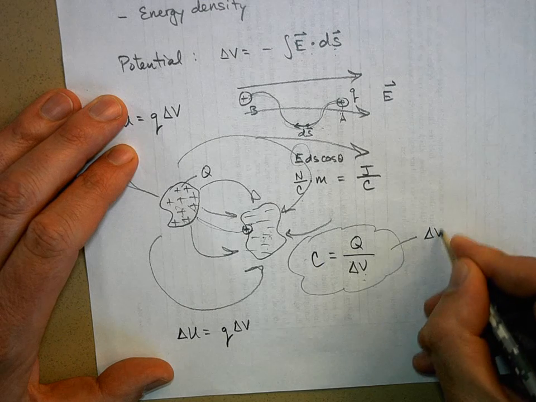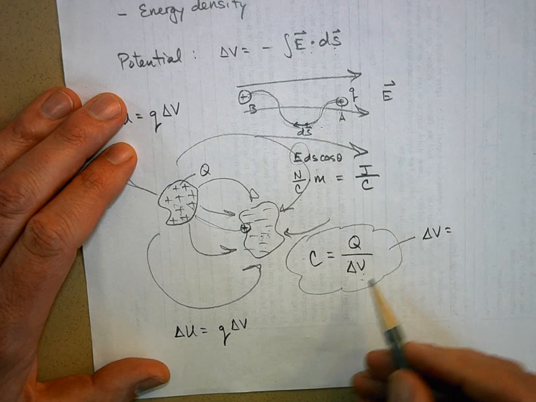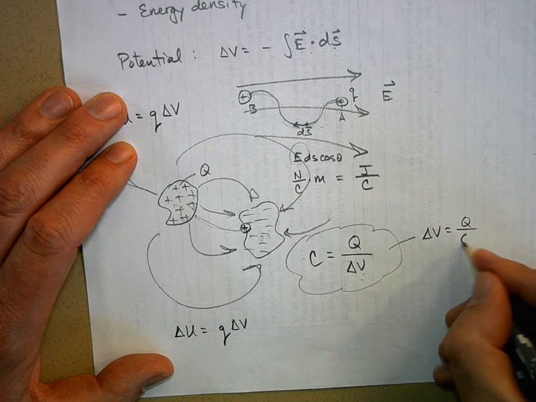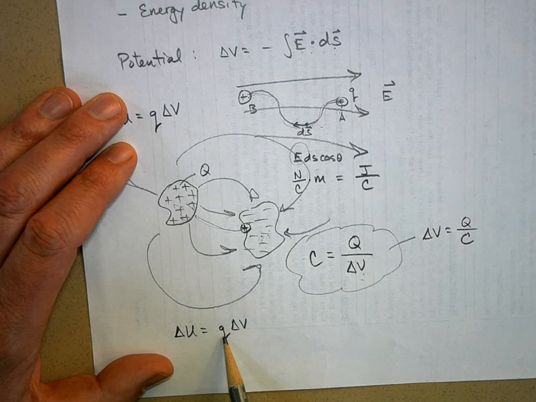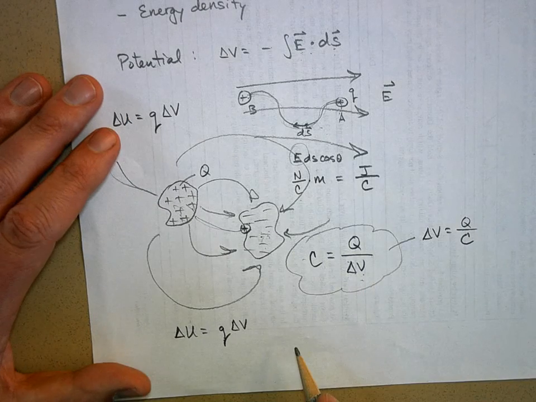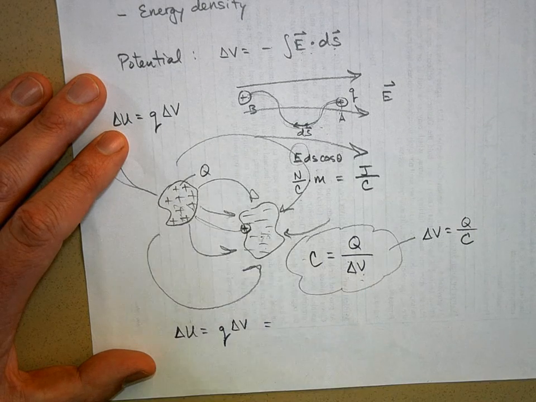Oh, okay, well, delta V is equal to Q over C. Now, there is a difference between this charge and this charge a little bit. We're going to get to that in just a second, but for now, don't worry about it.